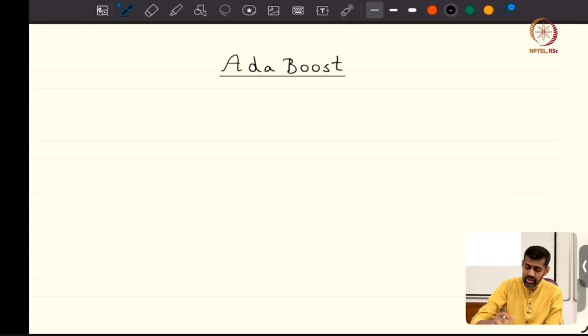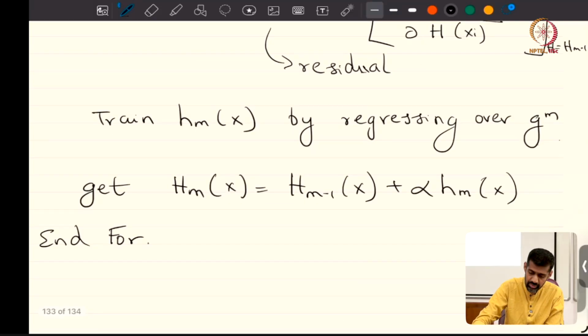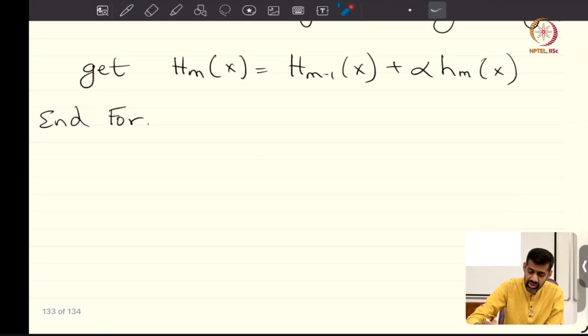Remember in the definition of ensembles, especially in the boosting strategy, the idea is to iteratively keep adding one weak learner at a time. When you add a weak learner, there is this alpha, which is the weight given to that particular classifier.